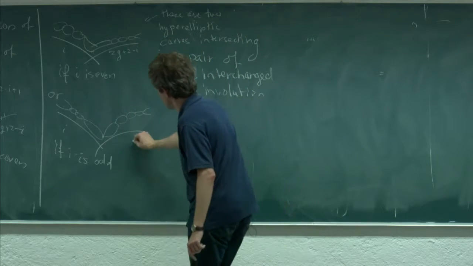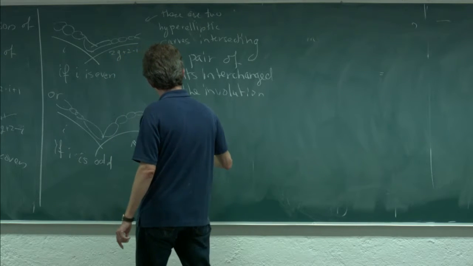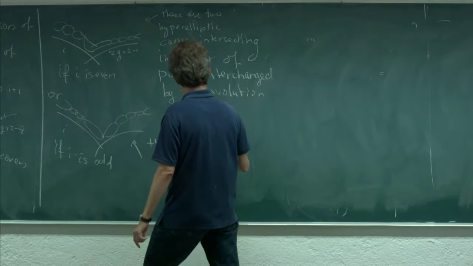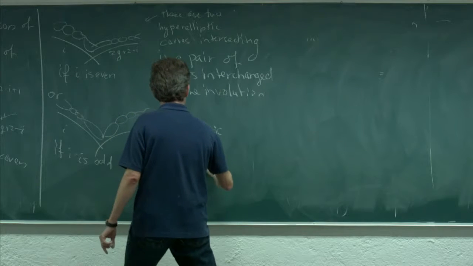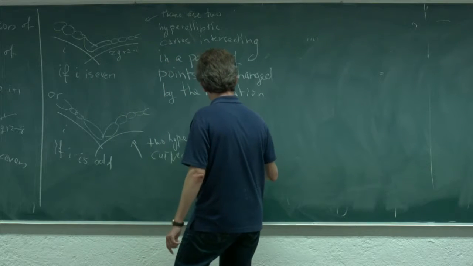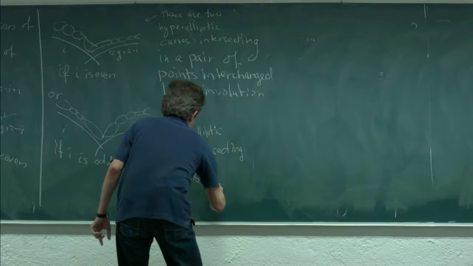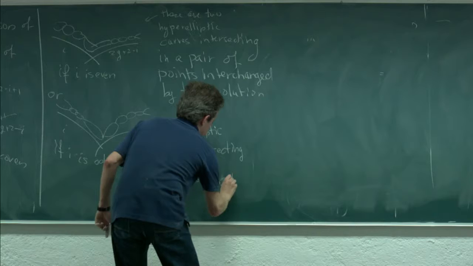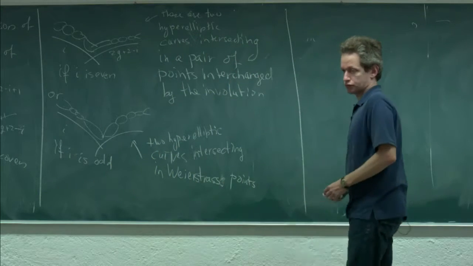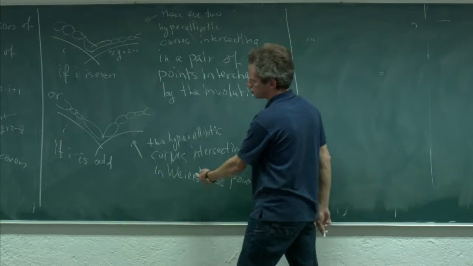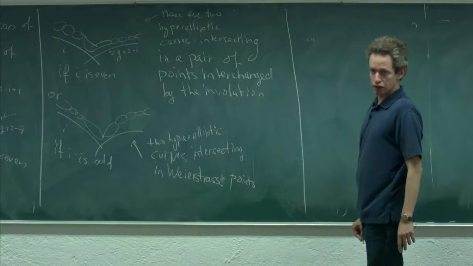Okay, and these are two hyperelliptic curves intersecting in Weierstrass points. Weierstrass point is a fancy name for a branch point of the map to P1, and this is your possibilities.